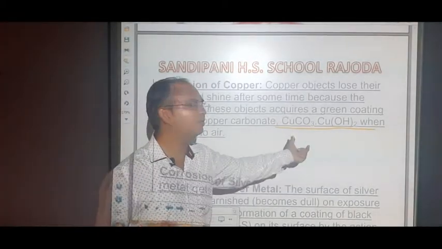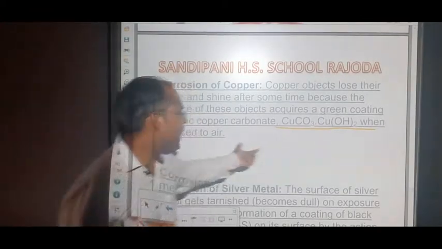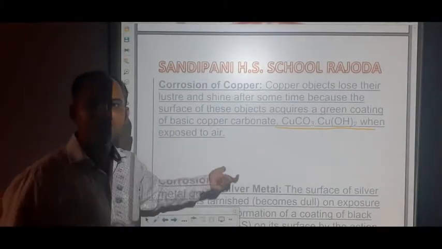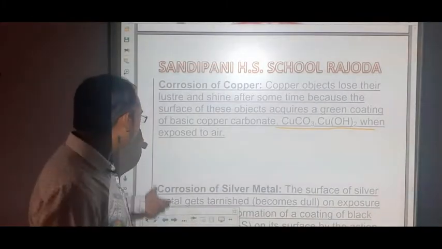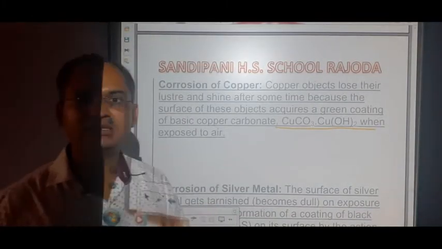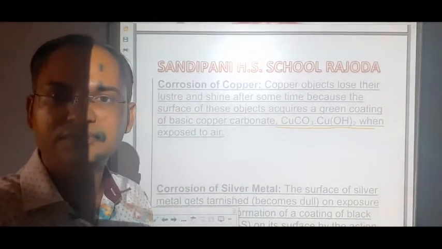This substance is formed on the surface of the copper vessel when it is exposed to air. Now see the reactions, how this reaction takes place.